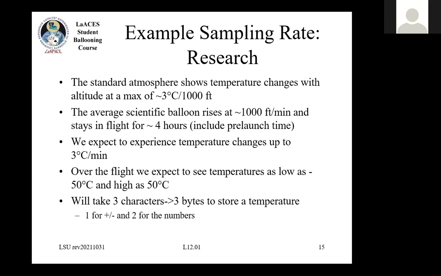So based on the fact that my temperatures go from negative 50 to positive 50, I need 3 bytes. I need 3 characters for each individual temperature: a plus or minus, and the 2 numbers. So that tells me each one of my data points is going to take 3 bytes.